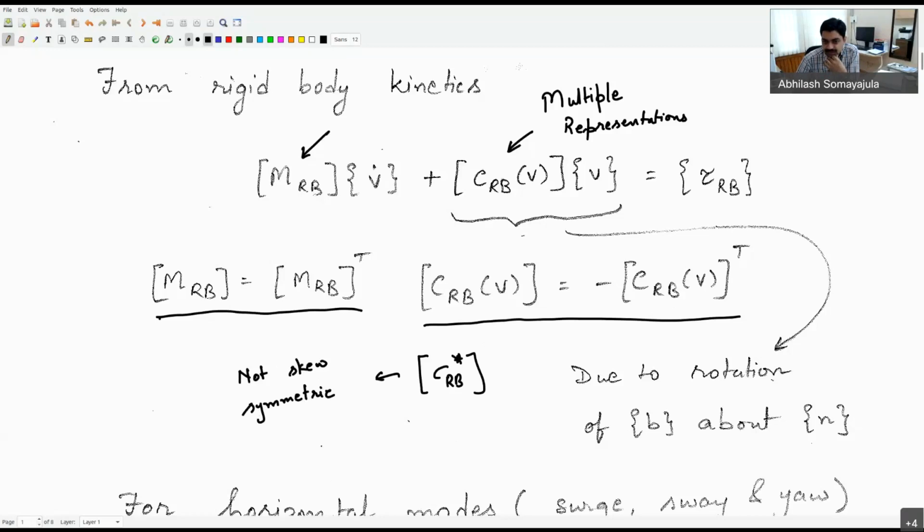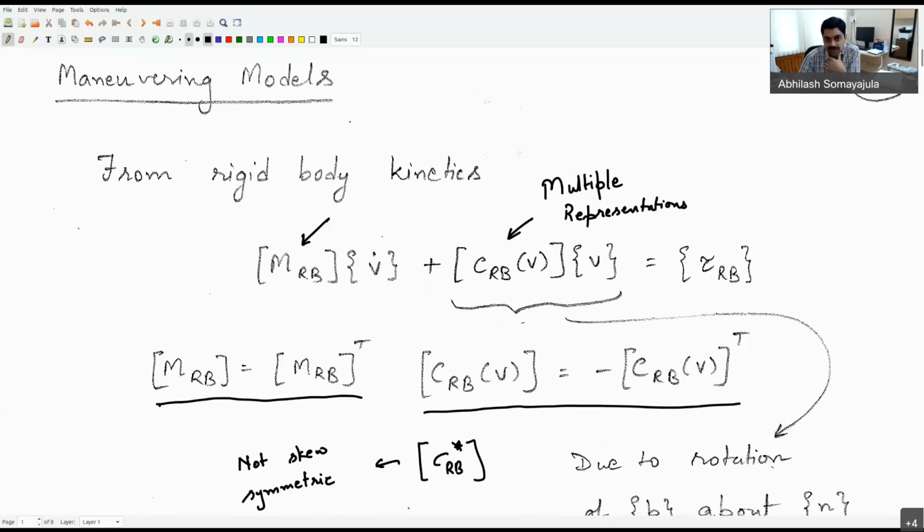All right. Let's start working more on our maneuvering modeling dynamics. When we talk about maneuvering, we're really talking about the horizontal plane of motions, meaning surge, sway, and yaw. That is what is of more interest to us.